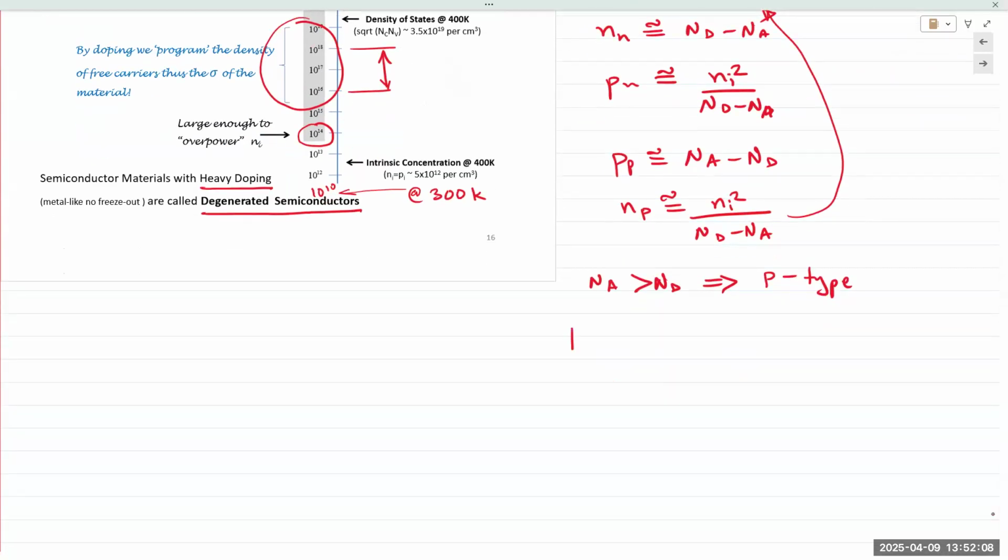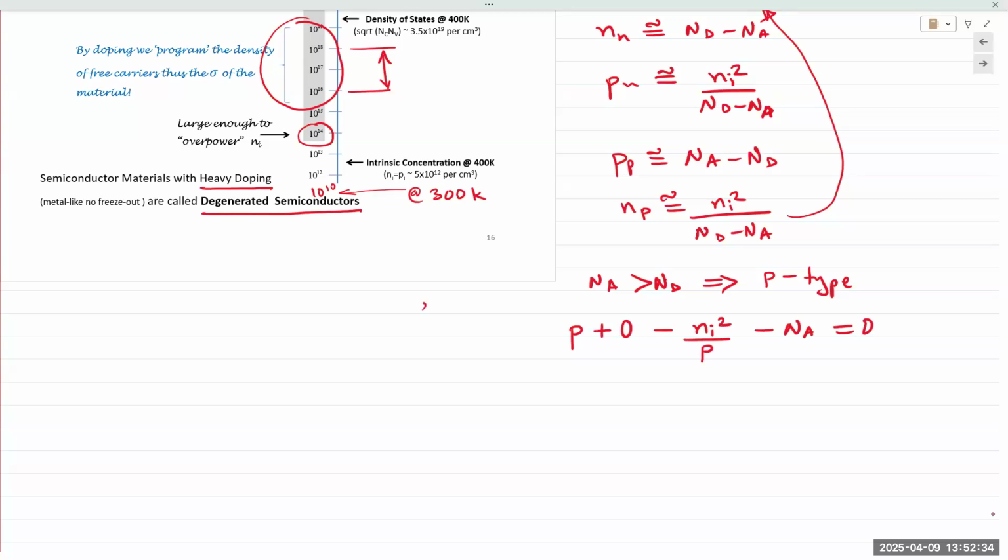So my equation now becomes P plus Nd, which is 0, minus N, the number of electrons. This becomes Ni square divided by P, and then minus Na is equal to 0.